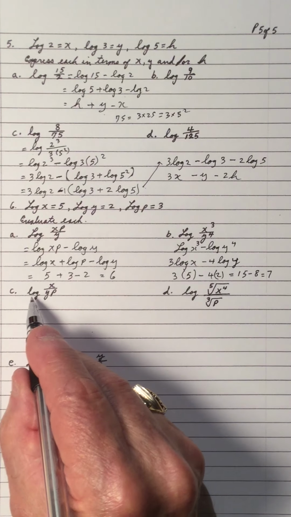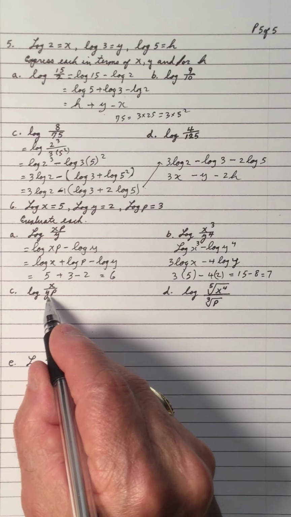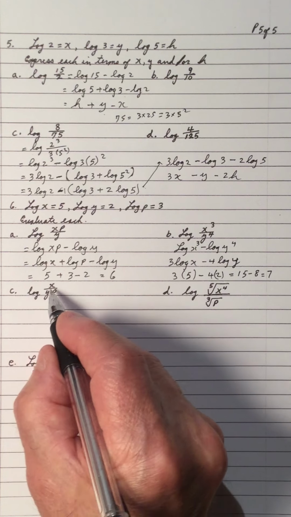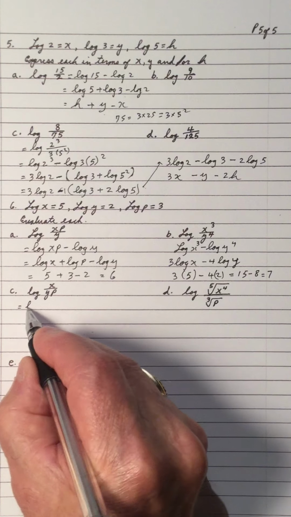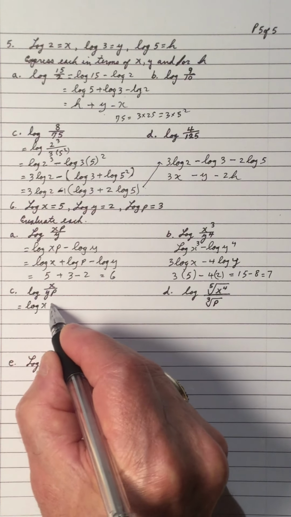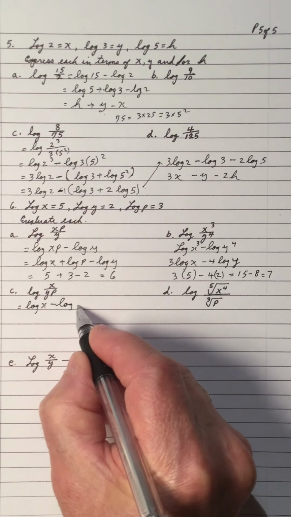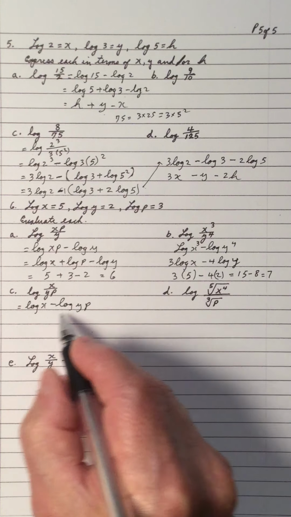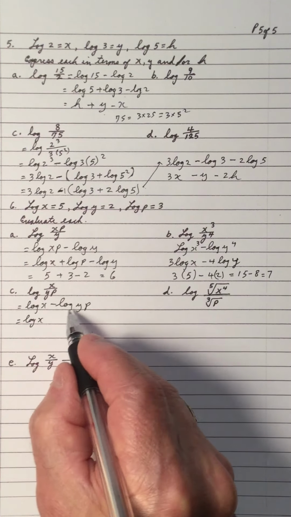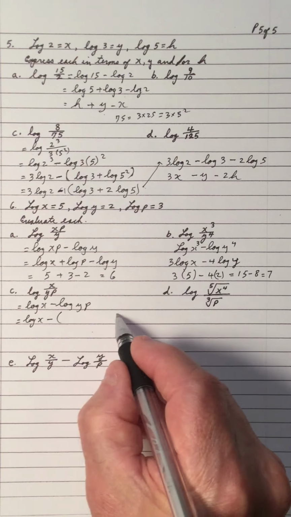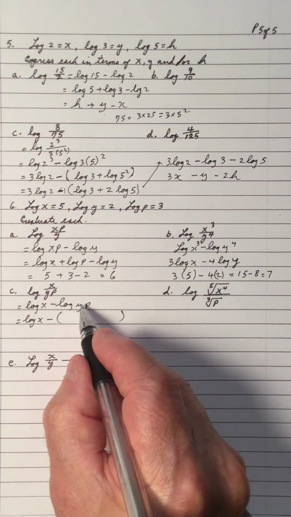And we have another one, the log of x divided by yp. So that's a division, so that's the log of x, subtract the log of yp. And this is the log of x. And again, we have this subtraction here. So that subtraction is going on both of these.